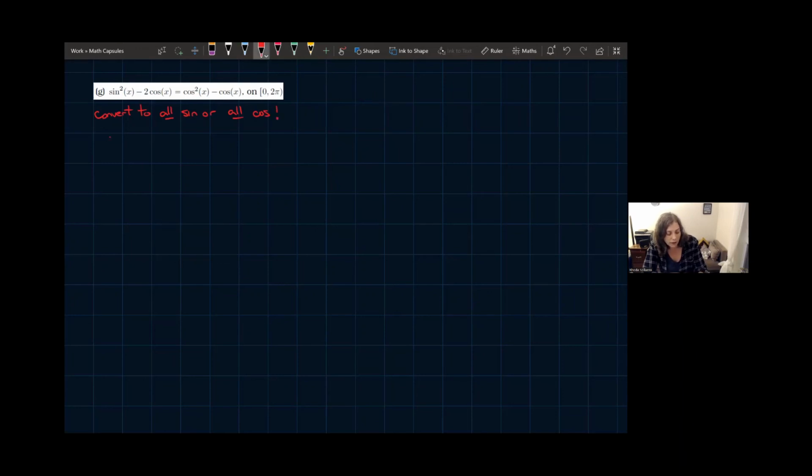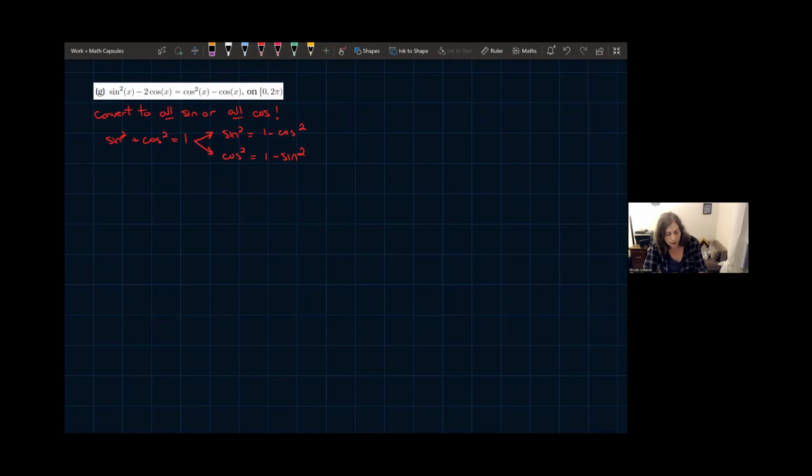You're going to do that using our famous Pythagorean identity, sine squared plus cos squared equals 1, which also means that sine squared is equal to 1 minus cos squared, and cos squared is equal to 1 minus sine squared. In this question, it doesn't make sense to get rid of the cosine using this method, because you could get rid of the cosine squared, but you'd still be left with these other cosines that you can't get rid of that way.